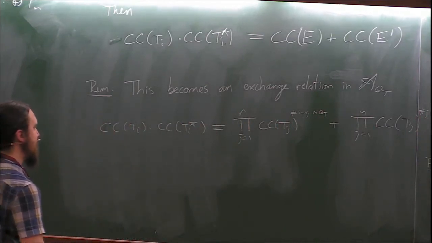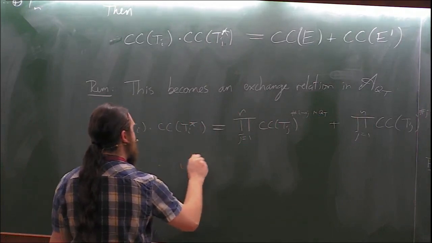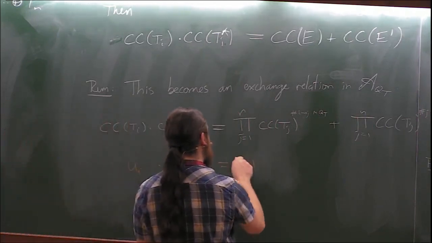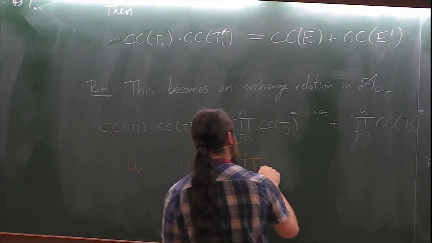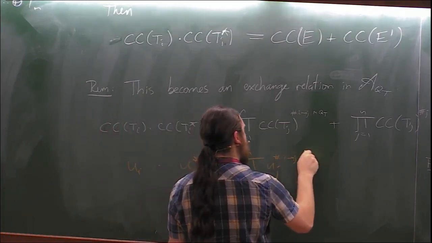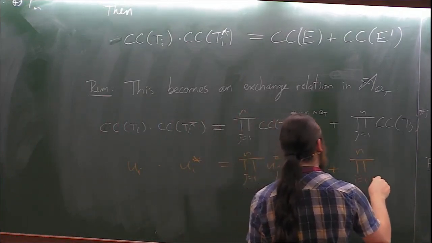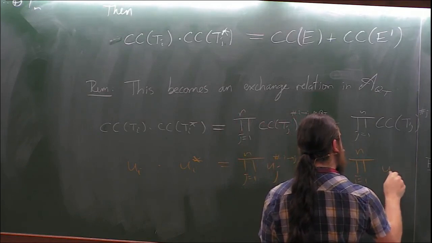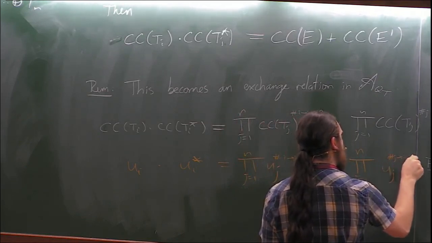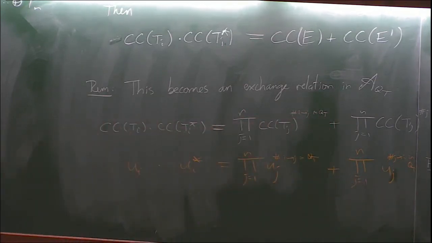And if you were to write this as ui and this as ui star and cc of tj as uj, what you see is precisely an exchange relation in the cluster algebra.